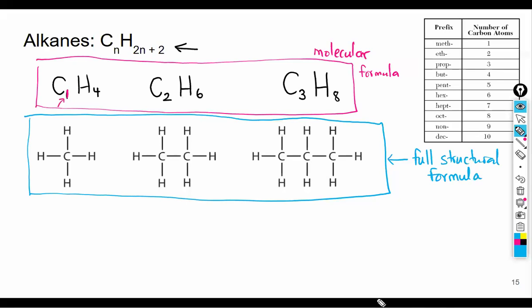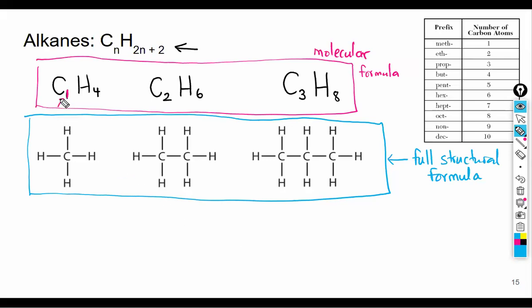Don't get me wrong, it's a little bit more work and you have drawings to do, but it gives you more information. The molecular formula obviously doesn't show you all the individual bonds. To me, when you see all the individual bonds, it gives you a better idea of what is going on in the question.